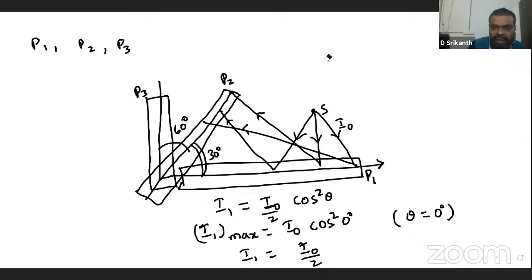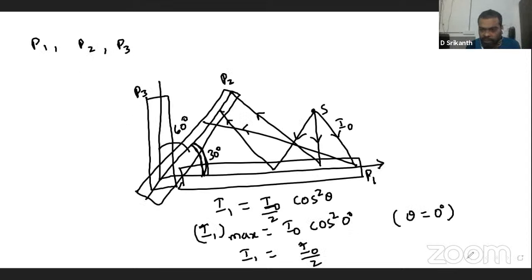Now, this polarized light is passed onto the second polarizer, which makes an angle 30 degrees with respect to P1. So I can write I2 is equal to I1 cos square 30. That is, I1 we got as I naught by 2.